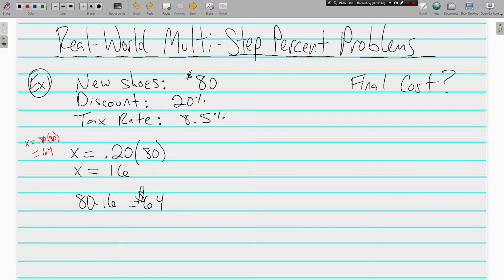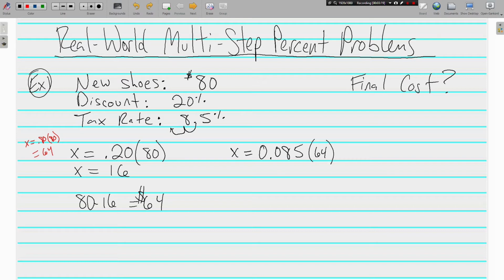Now we need to add the tax. Remember, most times when you buy things, there's a tax involved. So we need to find what part of 64 is 8.5%. We need a decimal instead of a percent, so we move it left twice. 8.5% of 64.